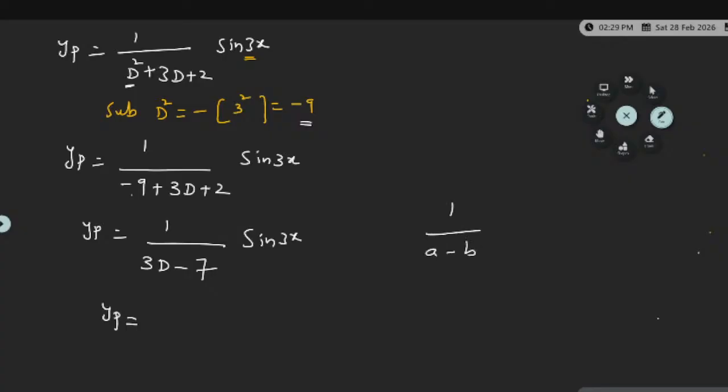How do you rationalize this term? Multiply and divide by a plus b. Multiply and divide the opposite with this opposite term.